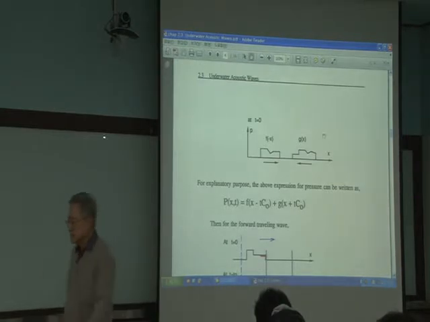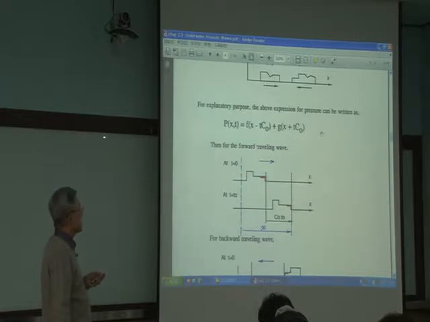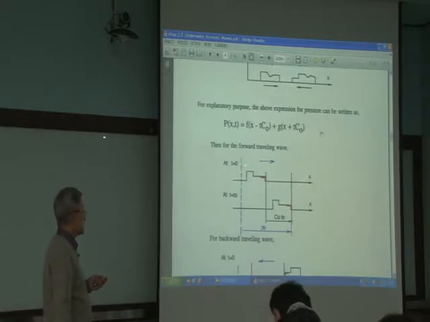Then I say, how about explaining the wave motion using the distance concept? So let's say, considering first the f function for the traveling wave, at time t equal to 0, the position is, you can draw the reference position, right here.